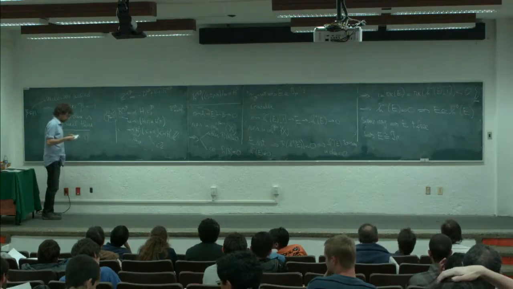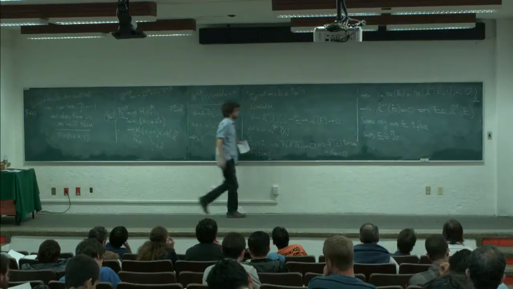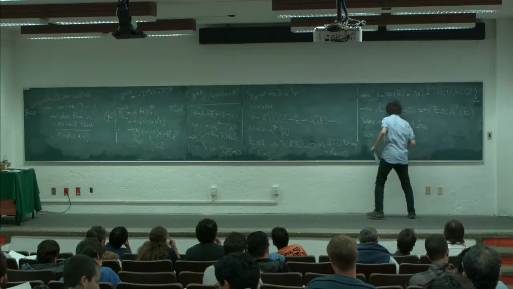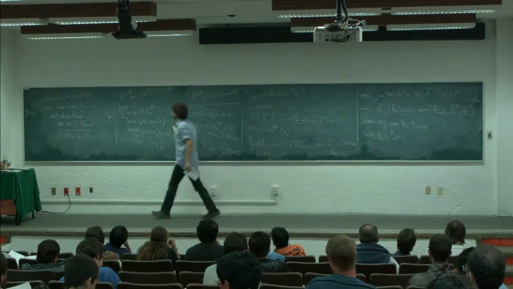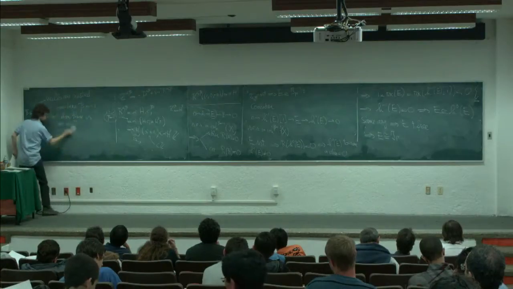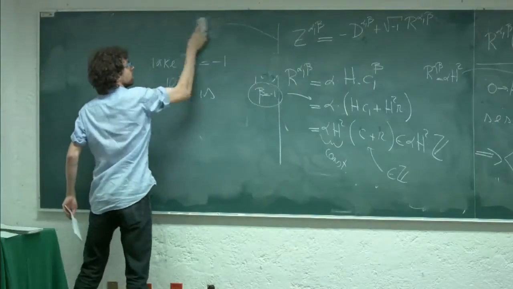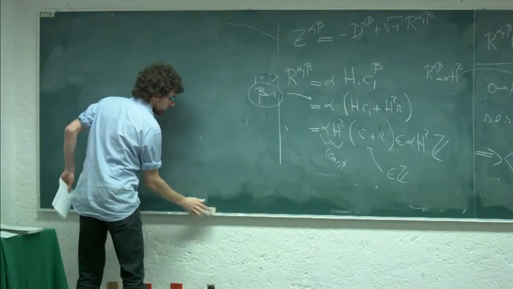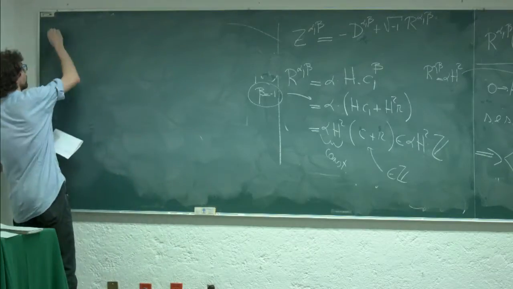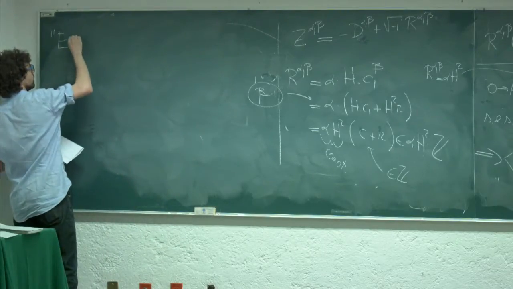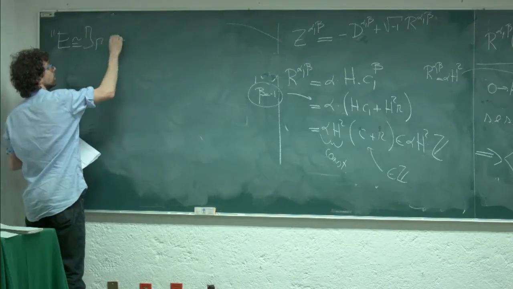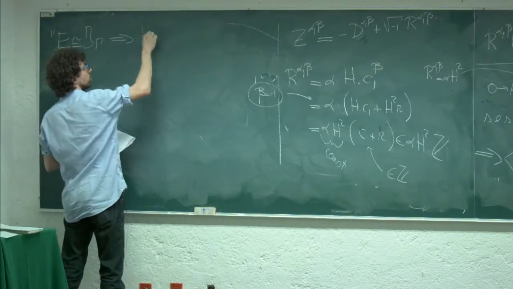And the vice versa is actually very easy. So this I proved that something has to be an ideal sheaf, but I use the same trick to prove also the converse. The converse is very simple. So vice versa, I want to prove that if E is an ideal sheaf, then E is stable.